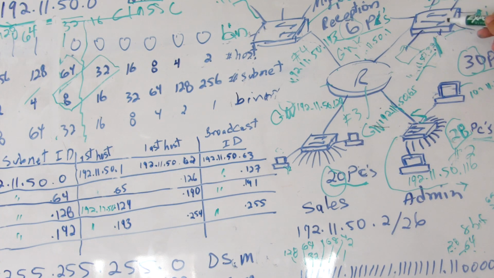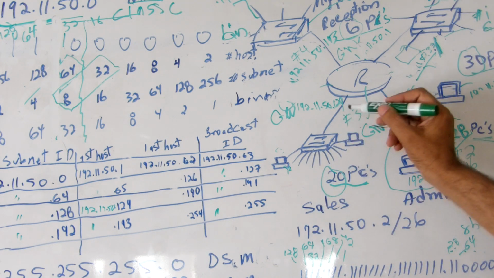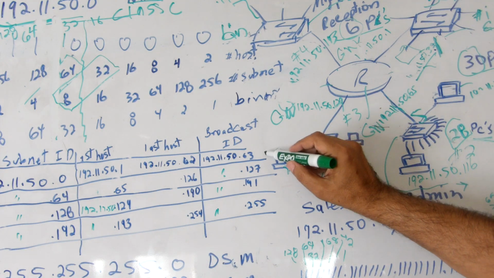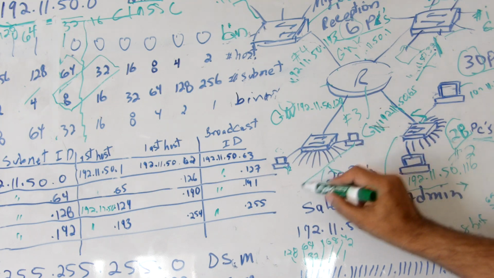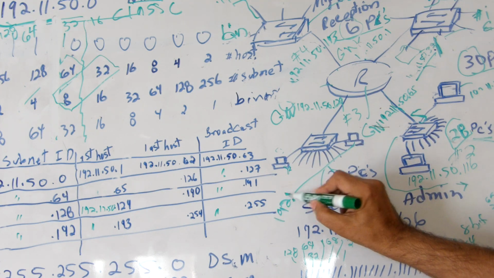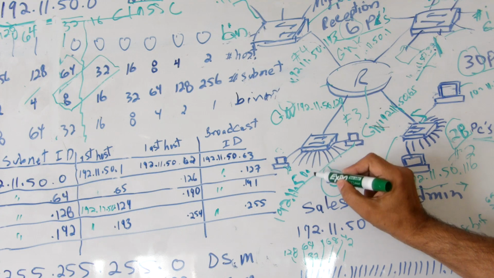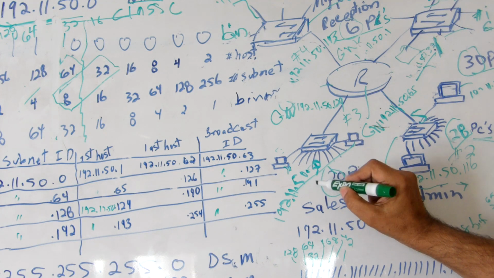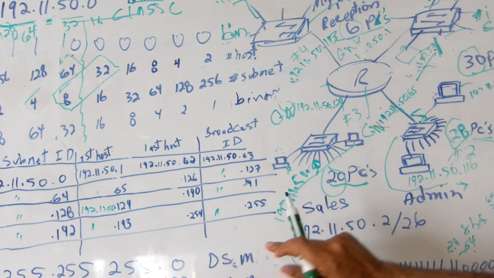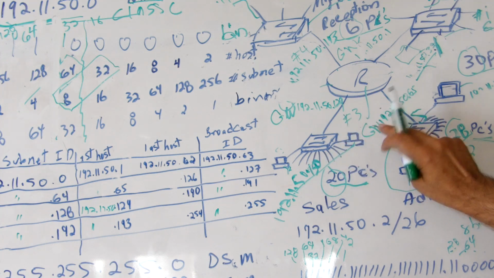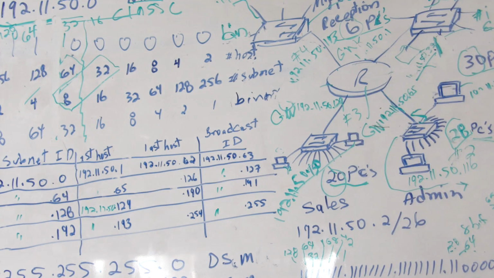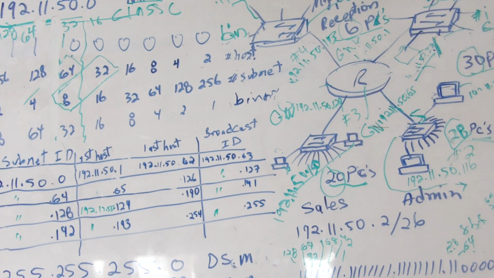First of all, it sends a message to all here: I'm looking for this address, for example 192.11.50.30.130. If you want to send a message to somebody, you have to know the name of the person.